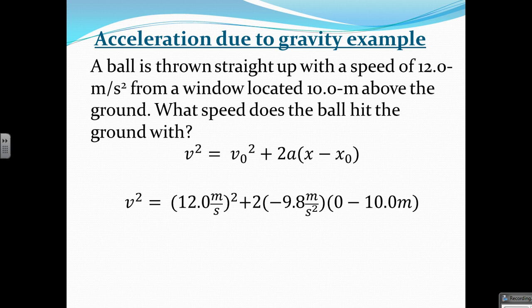That would be what we throw it out of the window at. And then our 10 meters where we land on the ground is below us, so that would be a negative. So here you can see that I've made sure that with my vectors, my acceleration, my position, and my velocity, they all have the right sign depending on which way they're moving. And when we solve this out, we end up with a velocity of 18.4 meters per second.